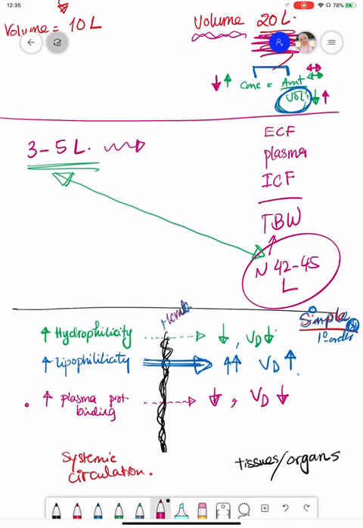Okay, if the tissue protein binding is higher, which means that the drug would be there more, right? So the measured volume of distribution would be higher.